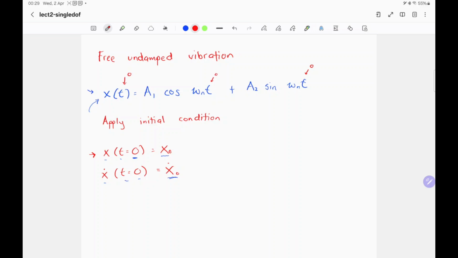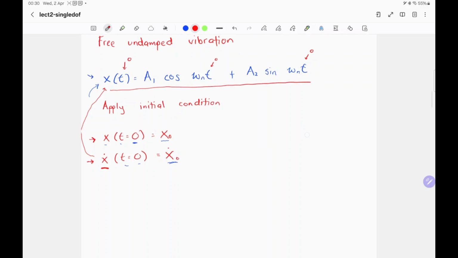Okay, and when we want to consider the second initial condition, you need to realize that this is x dot, this is no longer x. So we cannot replace t equals to 0 in this equation, because this is not x dot. So what we need to do is differentiate this equation.